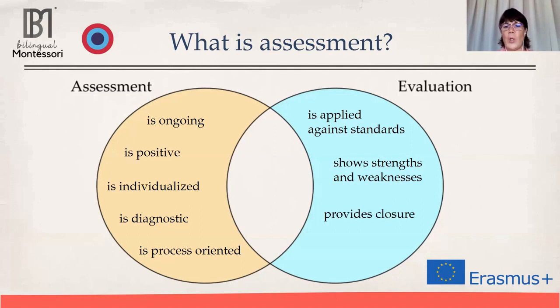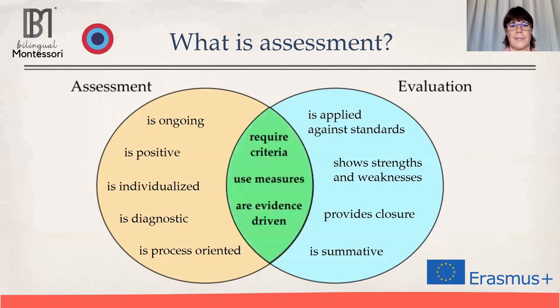It provides closure. And it's summative. As you can see in this diagram, there's an area where assessment and evaluation overlap. So what do they have in common? Both of them require criteria. They use measures and are evidence-driven.